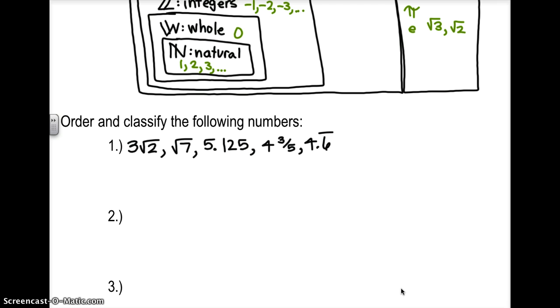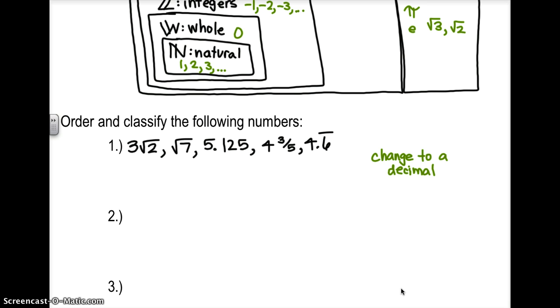Now as you're looking at those, it's a little bit tricky to do that because what you're looking at are numbers written in different forms. We have square roots, we have decimals, we have fractions, we even have a repeating decimal. The easiest thing to do first is to change everything into a decimal, and then you'll be able to compare things a little bit easier.